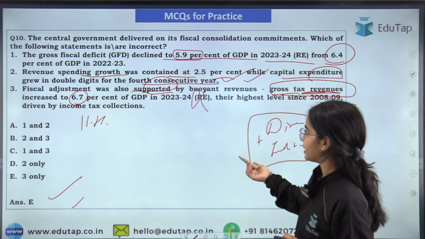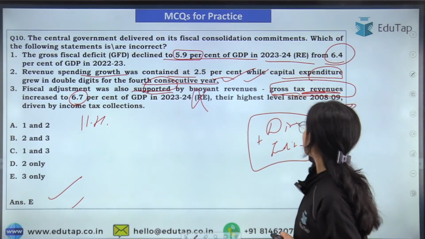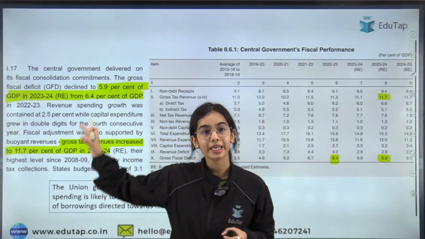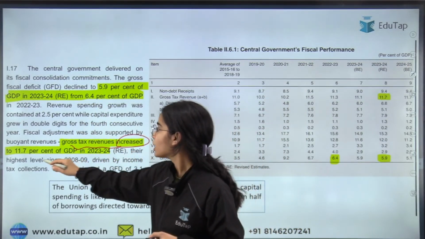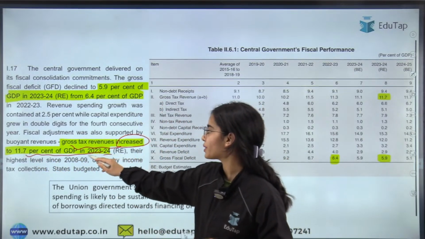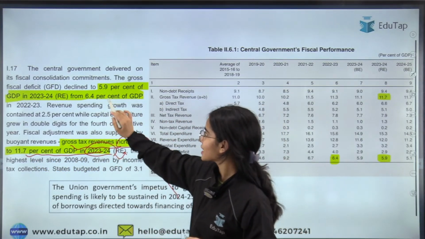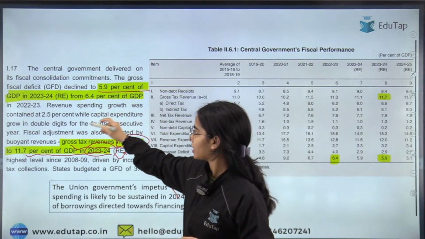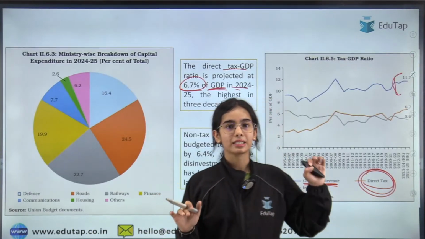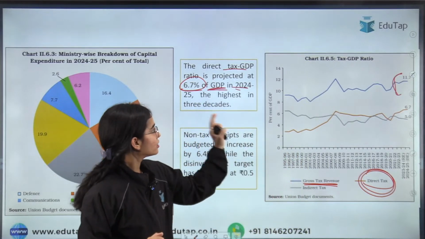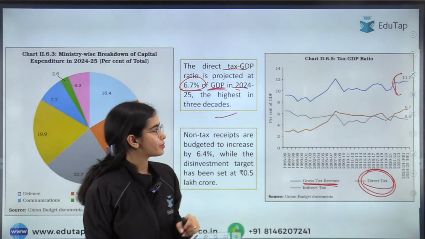So this is the idea. Okay, this is the complete idea. And here you can see the data points that gross tax revenues increased to 11.7% of the GDP in 2023-24. As compared to that, all the data points are mentioned here. So you can read it out. Okay, and this is the basic idea that has been provided to you.